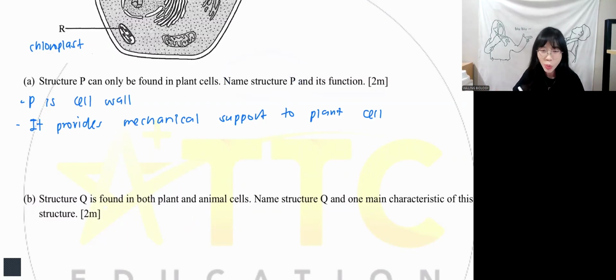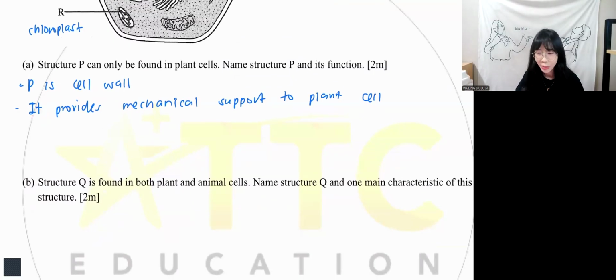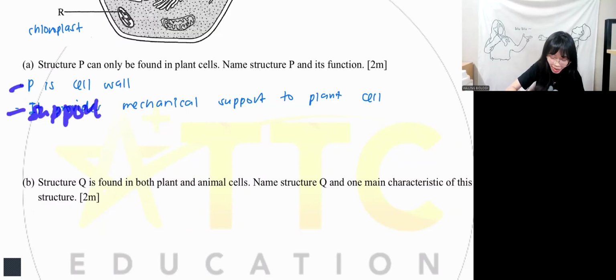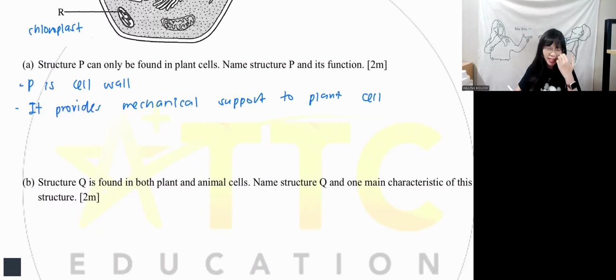But usually, we write in a short sentence, because some teachers say that your answer is just a keyword and they mark it wrong. You can write dash or dot in the exam, don't worry, both also can, as long as your answer is a short sentence. Dash cell wall definitely cannot. So you have to write a short sentence.